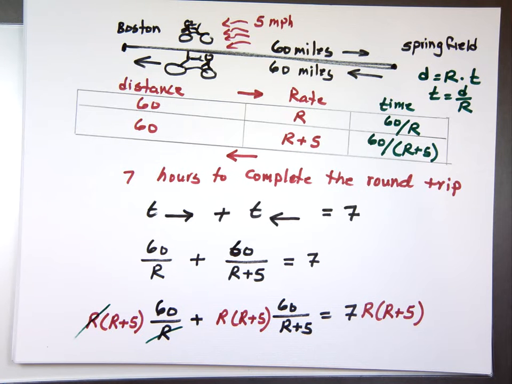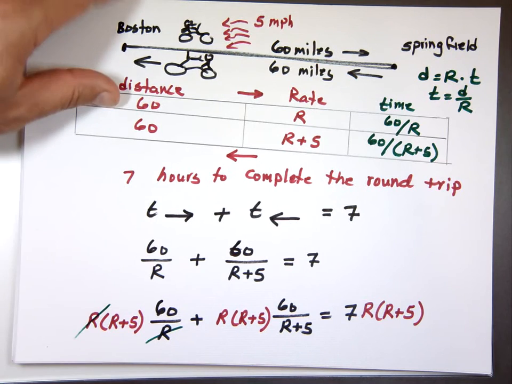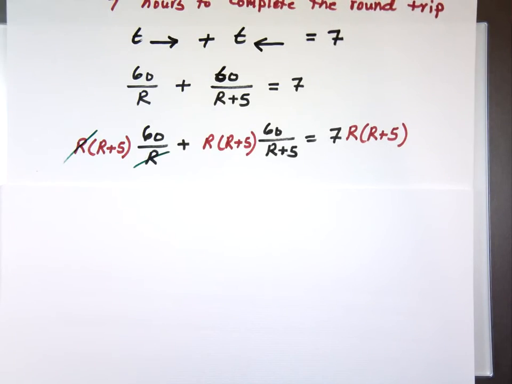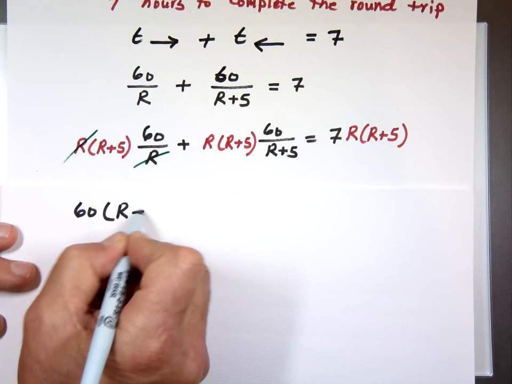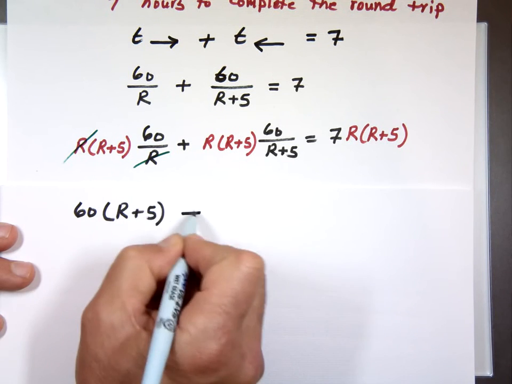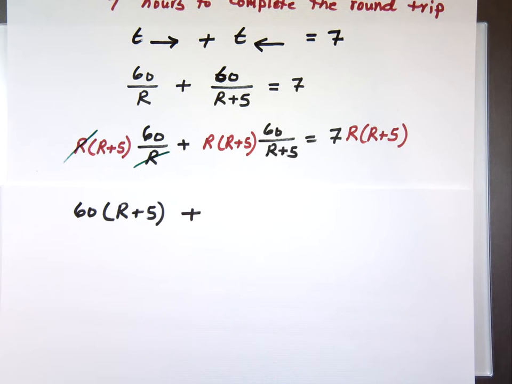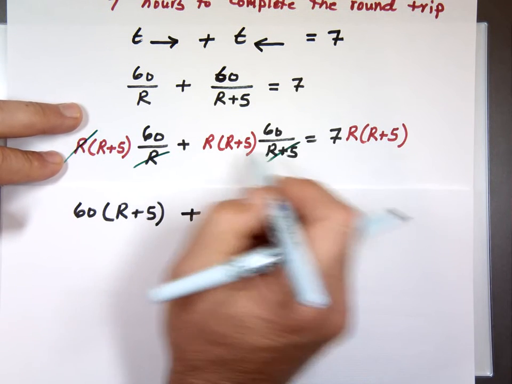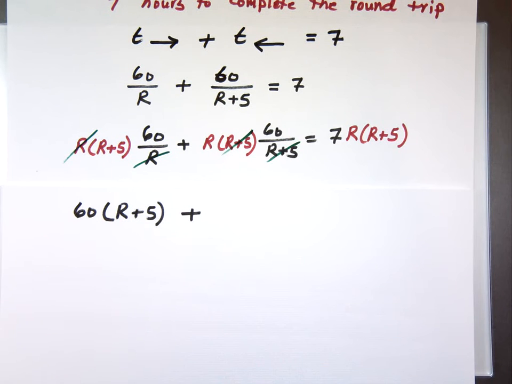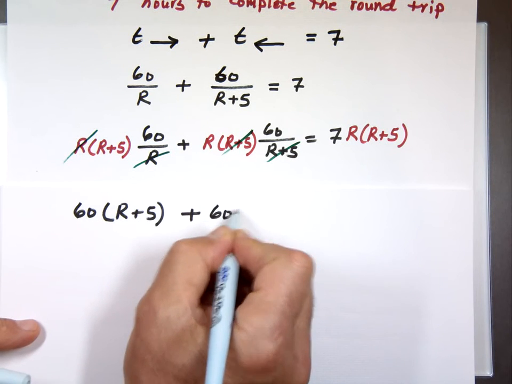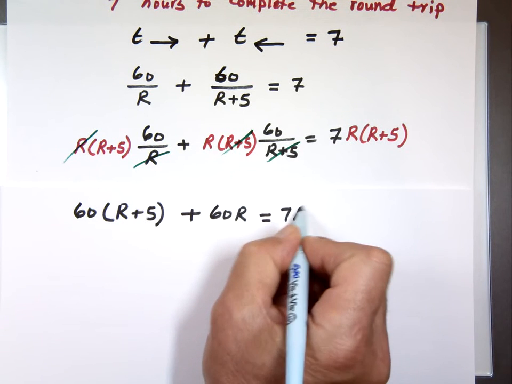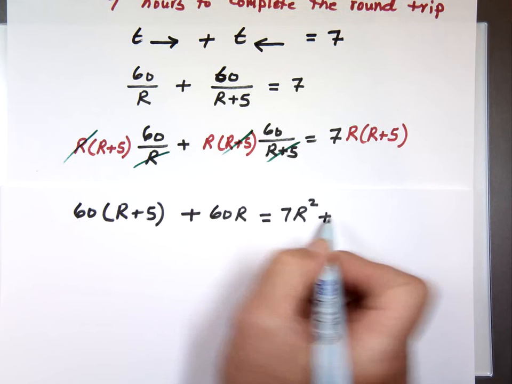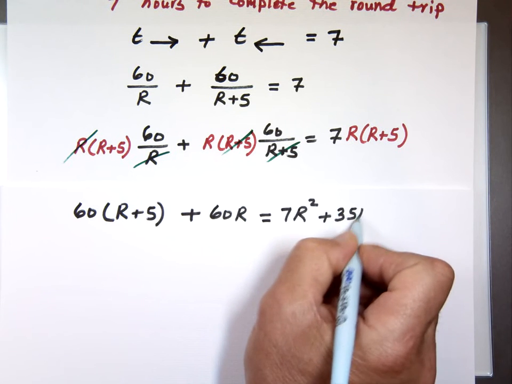So I'm going to have 60 times R plus 5, plus the second one. R plus 5 is going to cancel R plus 5. That'll be what? 60R is going to equal what? 7R squared plus what? 35R.